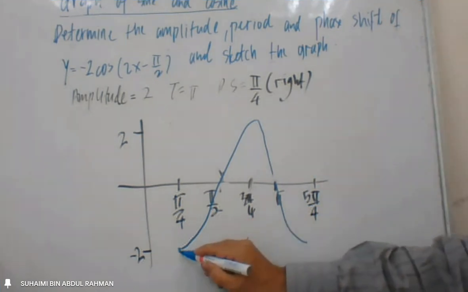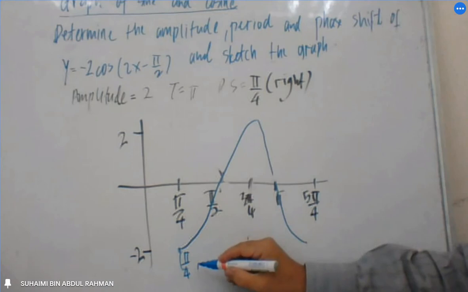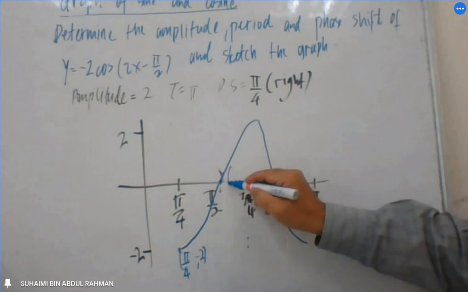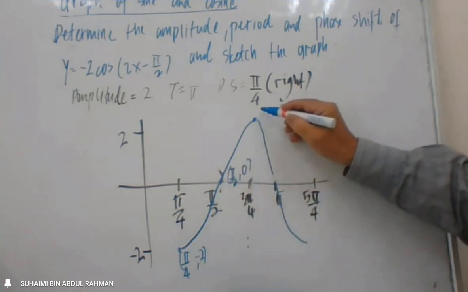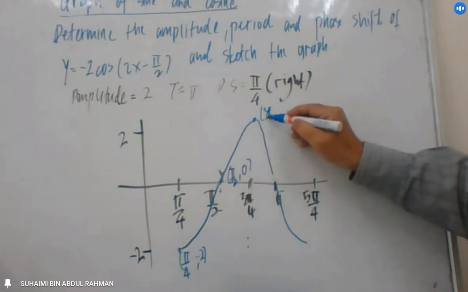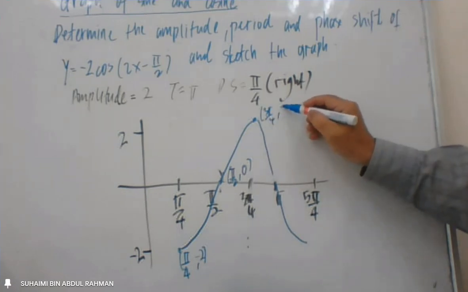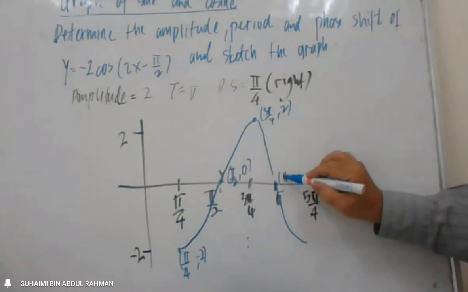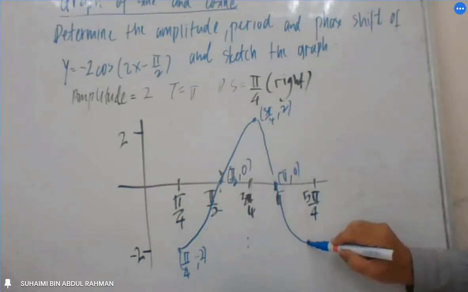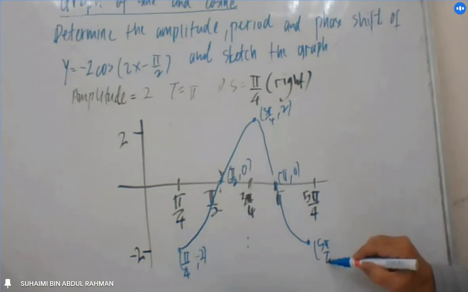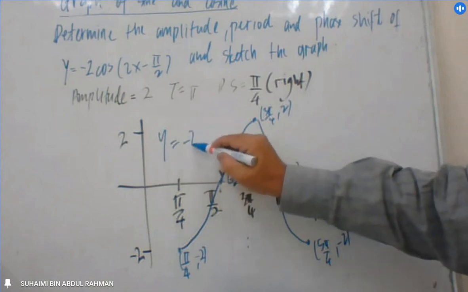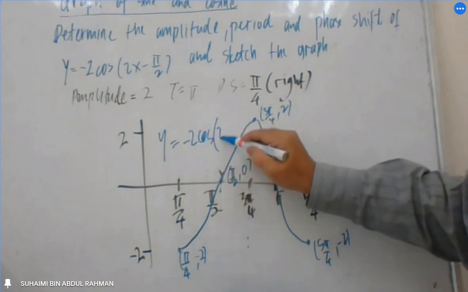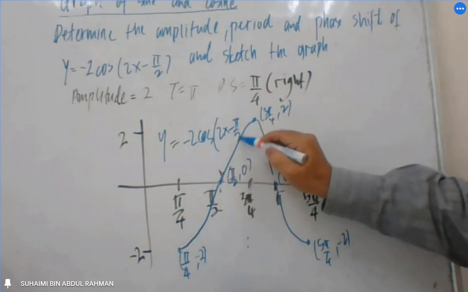Pi over 4, minus 2. Here, pi over 2, 0. Here, 3 pi over 4, 2. Here, pi, 0. Here, 5 pi over 4, minus 2. And the name of this graph is y equal to minus 2 cos of 2x minus pi over 2.